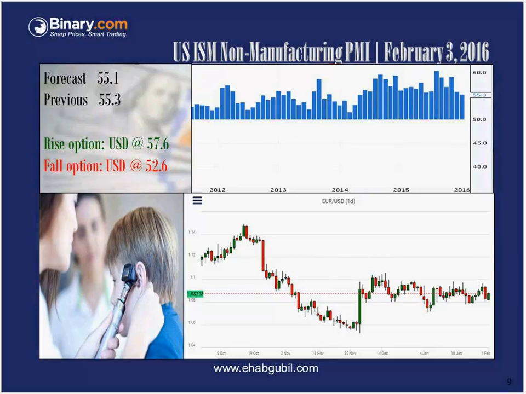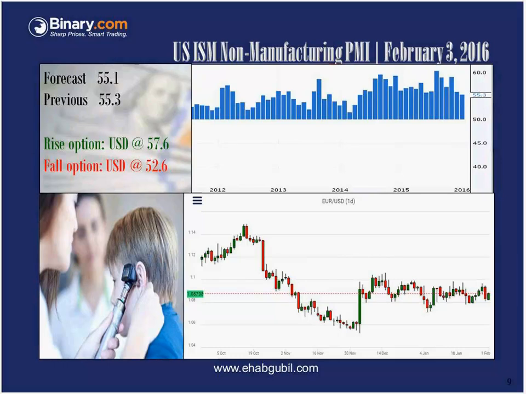If the opposite is true and a figure of 52.6 is released, I expect to see a weaker dollar, and we should trade against stronger currencies, or make a fall option on the US dollar. So fall option at 52.6 or worse, rise option at 57.6 or better.